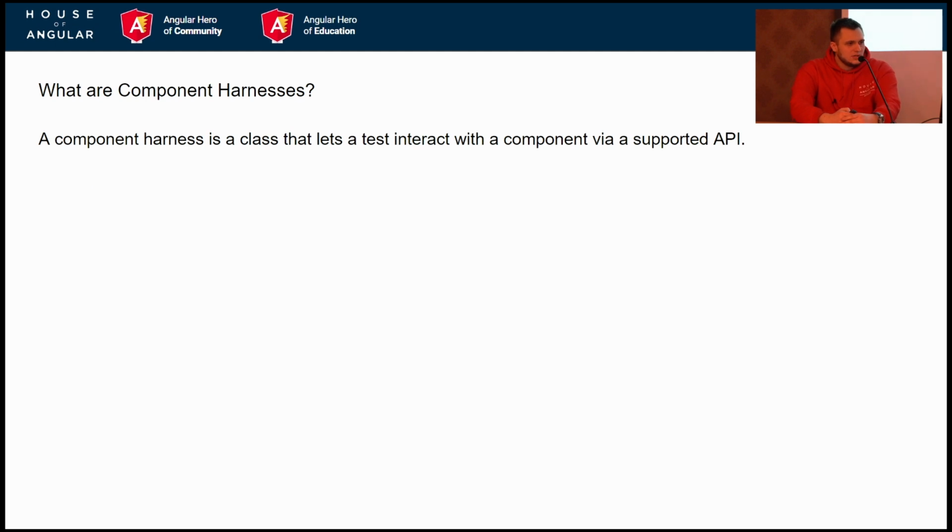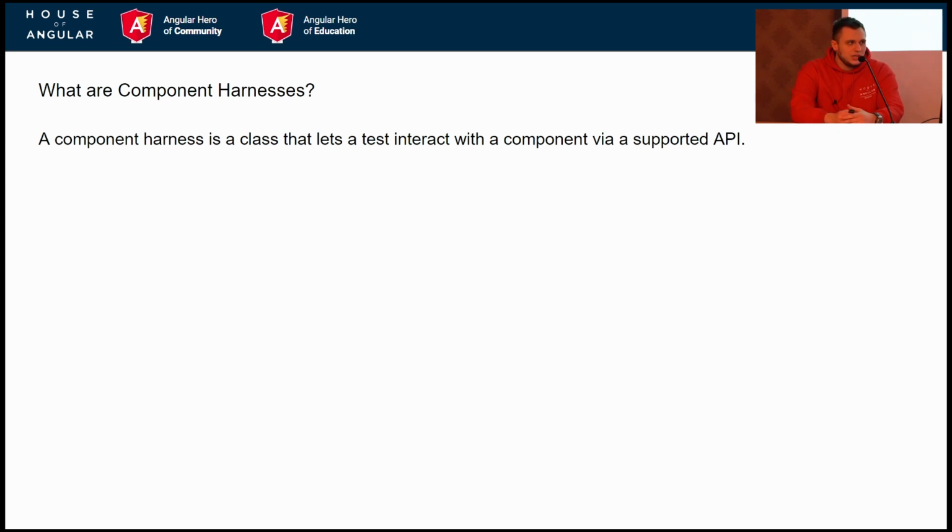Okay, so what are component harnesses? If you would like to say it in one sentence, we would say that a component harness is a class that lets a test interact with the component via a supported API. So this API interacts with our components exactly the same way as a user would interact with it. What's more, it provides us with isolation from the component implementation details.